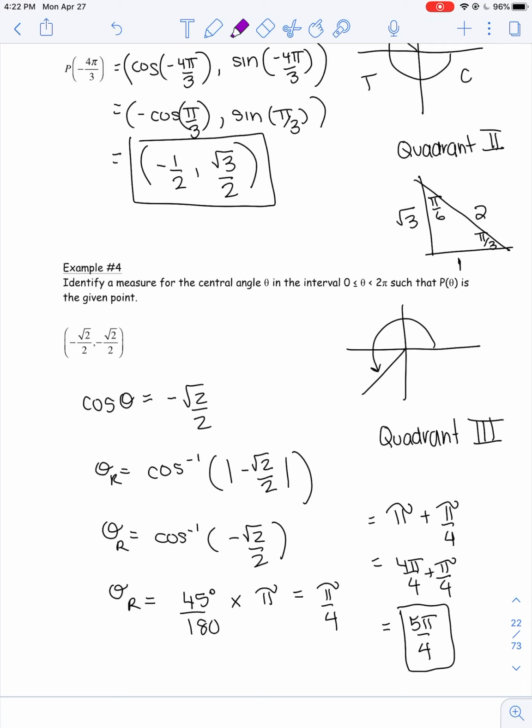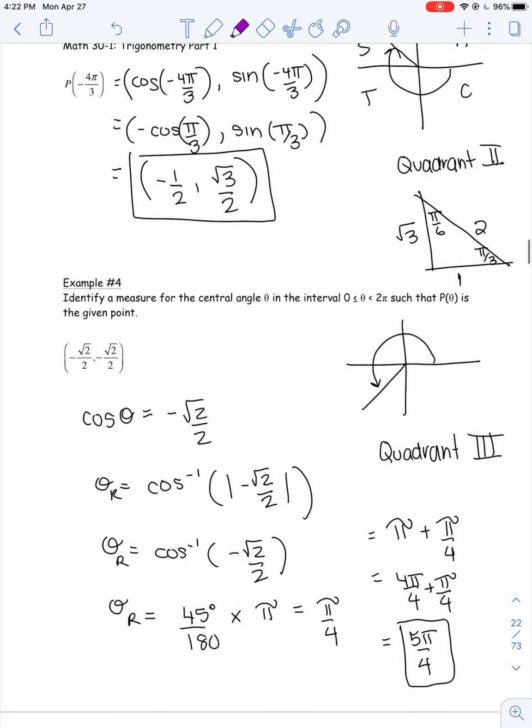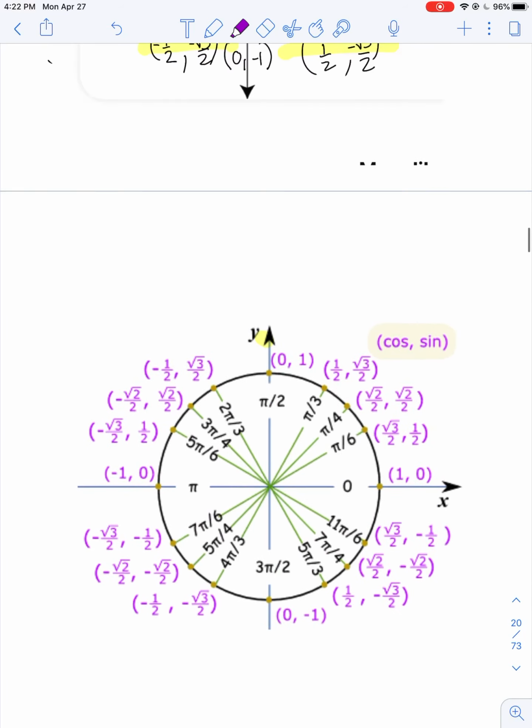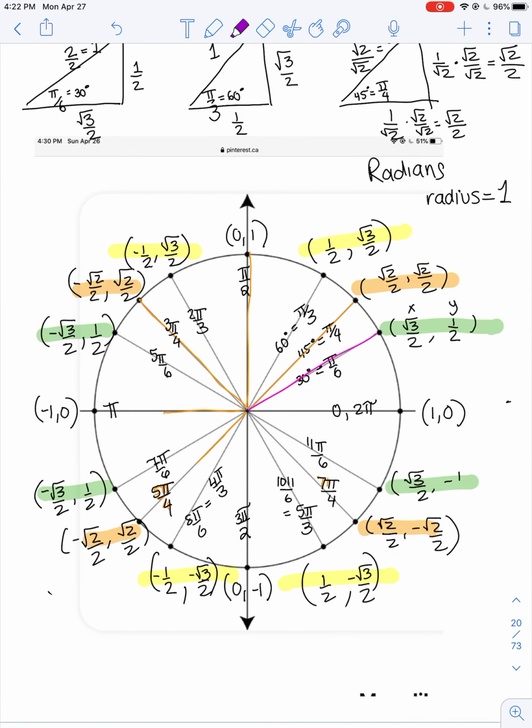And our last one, they just want us to figure out what point has this coordinate. So you want to look at negative root 2 over 2 and negative root 2 over 2. We know that that's going to be in the third quadrant because they're both negative. So you just have to look at where we wrote both negative root 2 over 2. I should have a negative here, so I don't know why I don't have a negative there, guys.